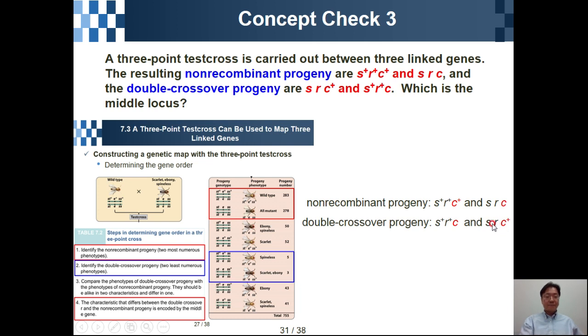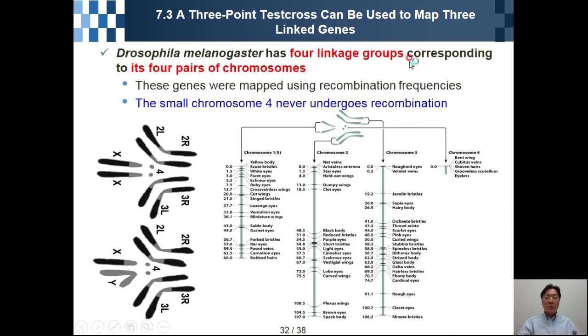Okay? I will explain the linkage groups in Drosophila. Drosophila has 4 pairs of chromosomes. For example, the female has chromosome 1 as XX, and the male has chromosome 1 as XY, and they also have chromosome 2, chromosome 3 and chromosome 4. Because they have 4 pairs of chromosomes, they have 4 linkage groups.